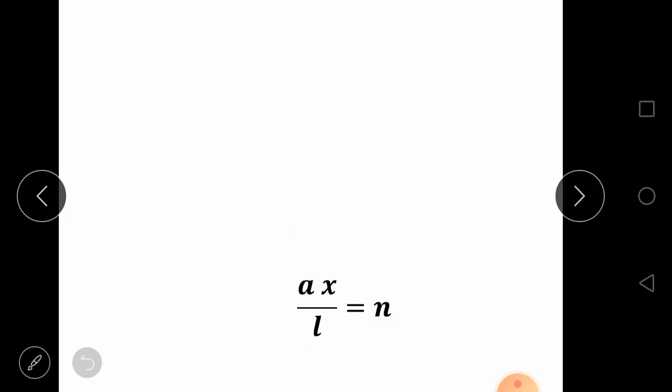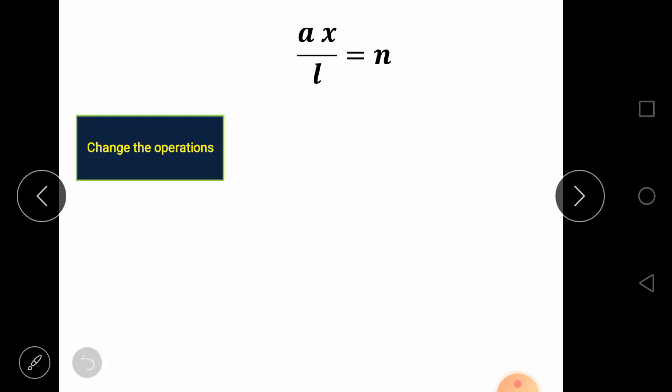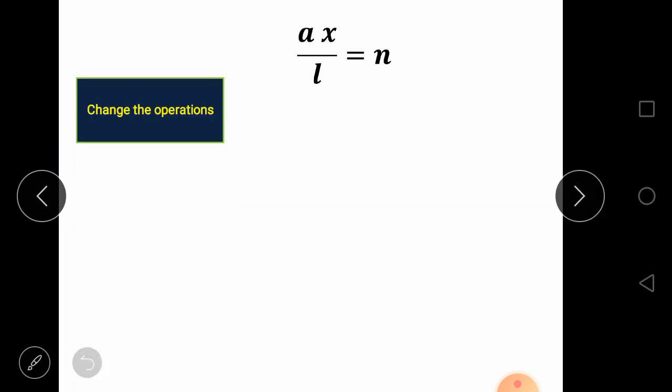So here, if we have a mixed operation, we have ax divided by L equals n. So here we change the operations. We have first, multiply by L both sides.